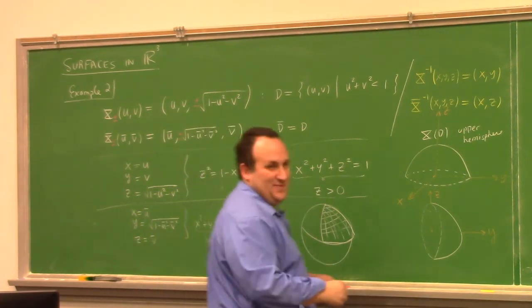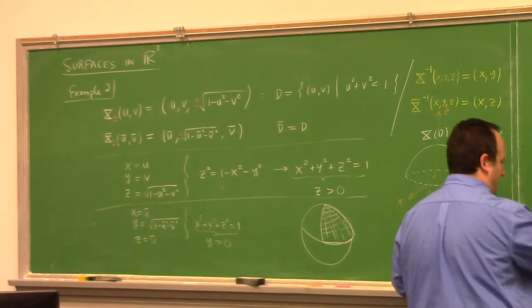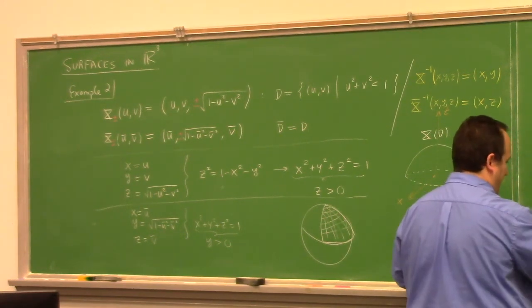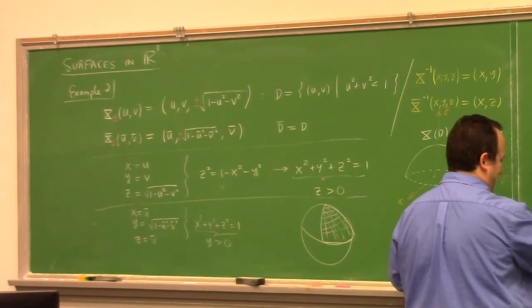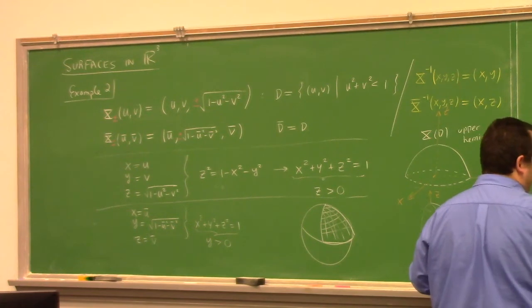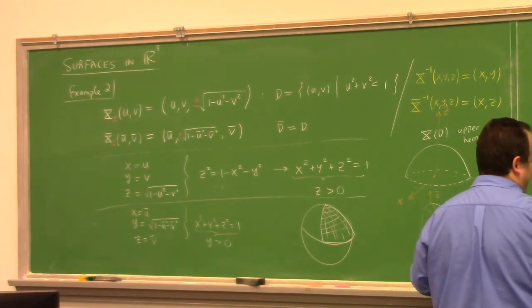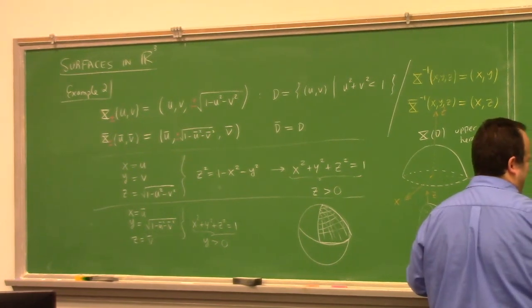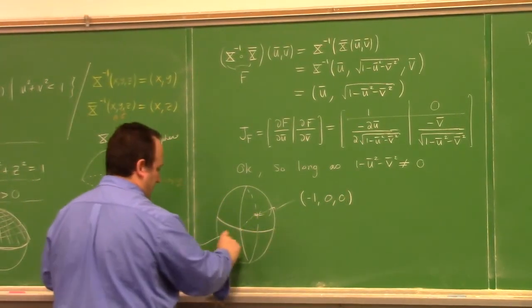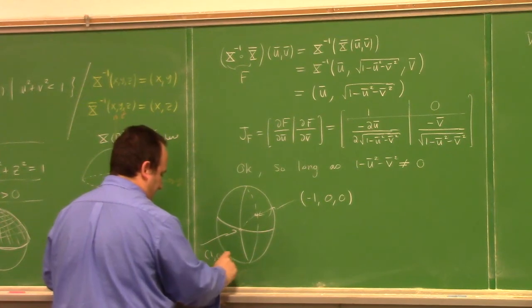Let me tell you their coordinates. We're missing the point on the back, which would be x equal to -1, 0, 0, I think. And the point on the front, 1, 0, 0, right?